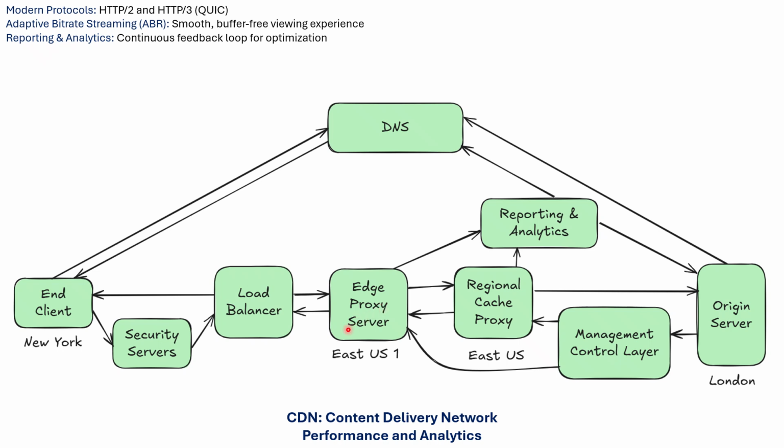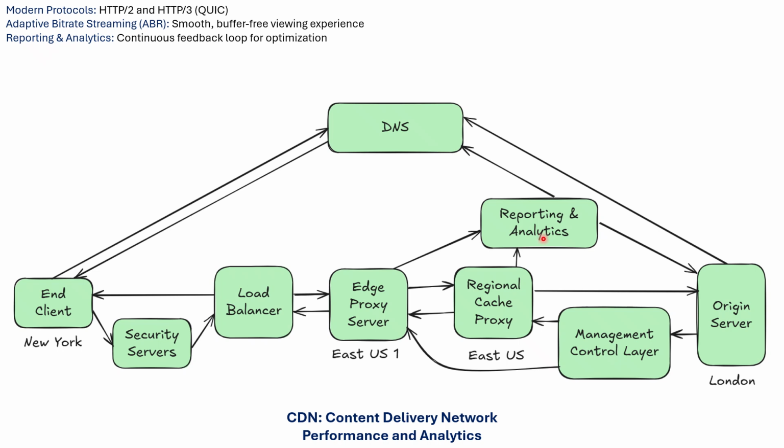While requesting the next chunk, it will request the appropriate quality to ensure a smooth, buffer-free viewing experience. Throughout this entire process, every step is logged and sent to our reporting and analytics layer.